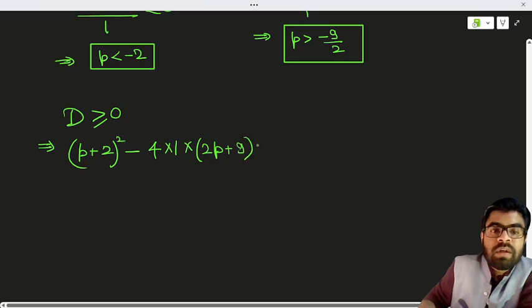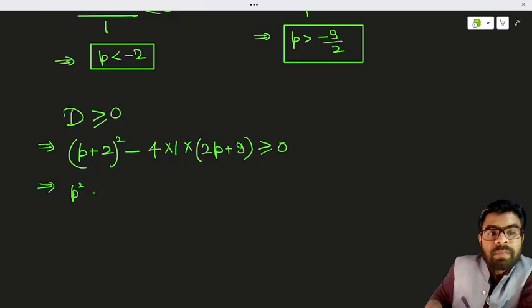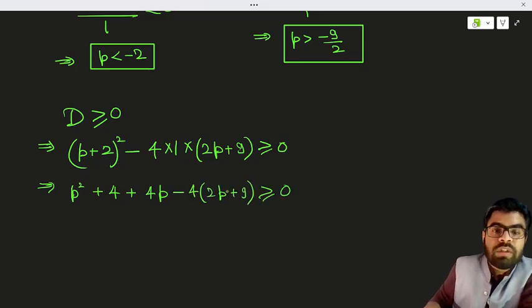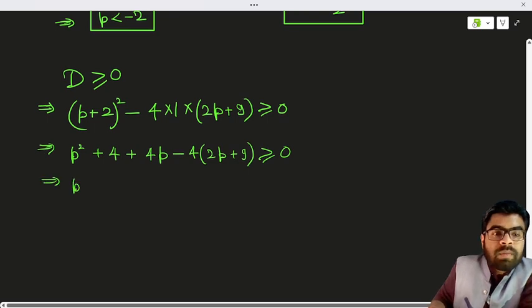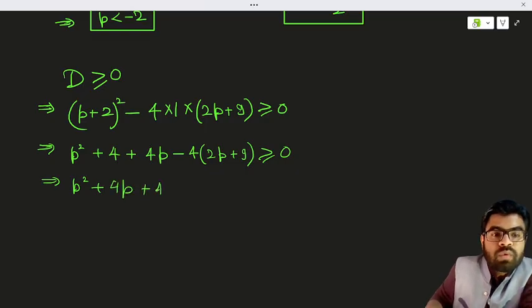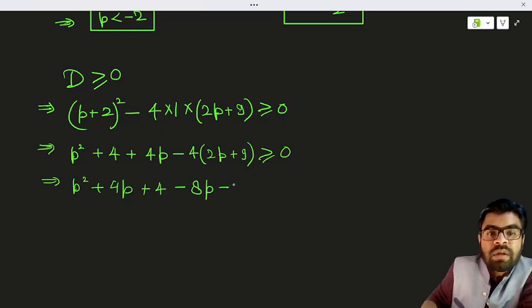So what we are getting? p square plus 4 plus 4p minus 4 times 2p plus 9, which is equal or greater than 0. So from here we are getting p square plus 4p plus 4, and here it is minus 8p minus 36 is equal or greater than 0.